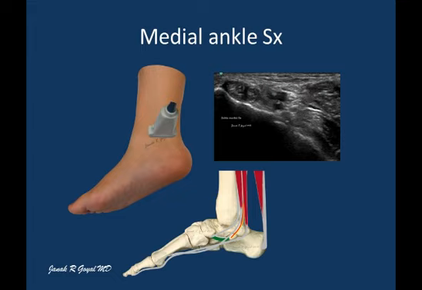For the examination of the medial ankle, the patient is placed supine with the knee flexed and hip externally rotated, the so-called frog leg position, and start your examination superior to the medial malleolus in a short axis plane.